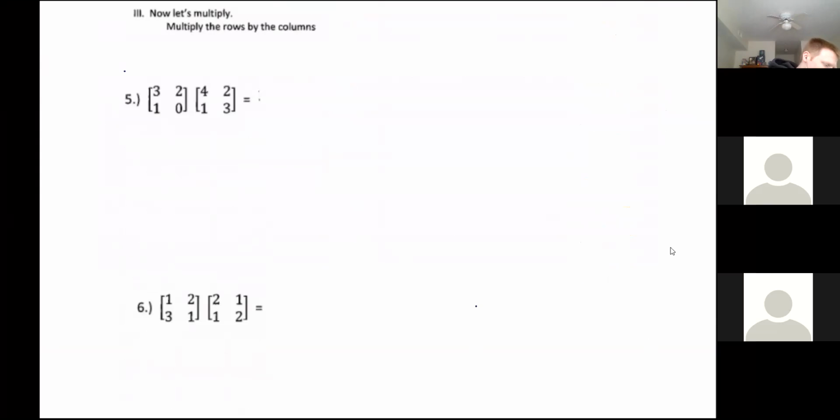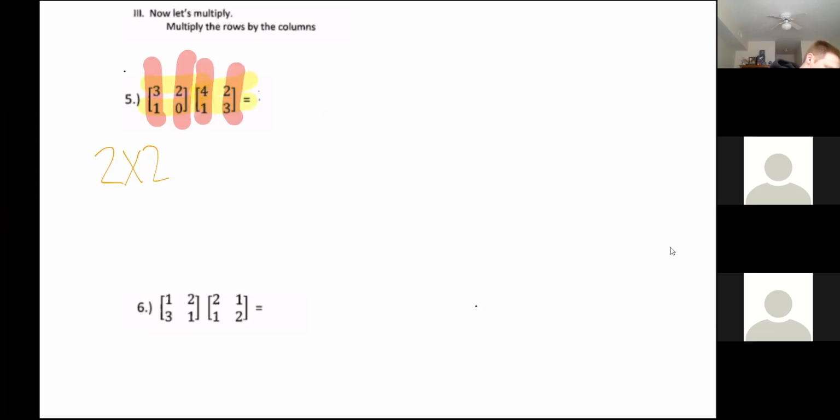So the first thing you want to do is look at the dimensions of our matrix. For example, this first one, we have 2 rows going across, and we have 2 columns. So our dimensions, it's a 2 by 2 for the first one. If you look, the second matrix is the same. It's got 2 rows going across, and it's got 2 columns going up and down.